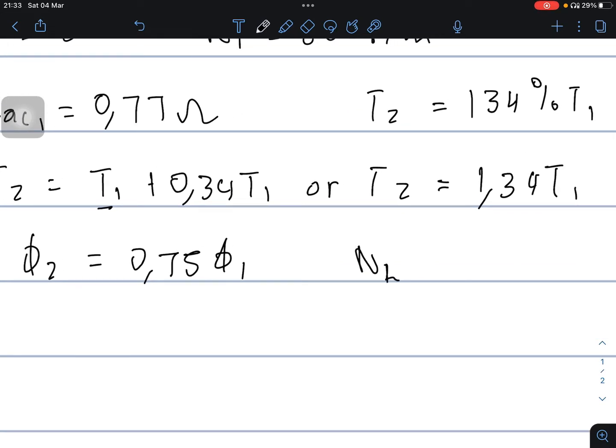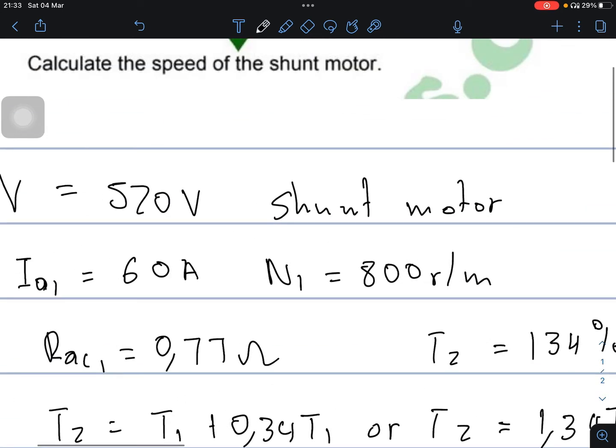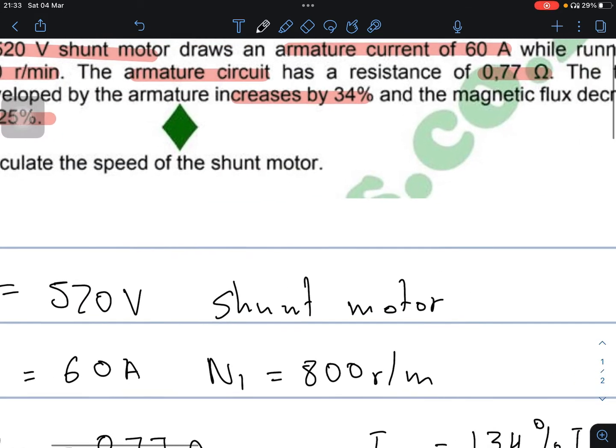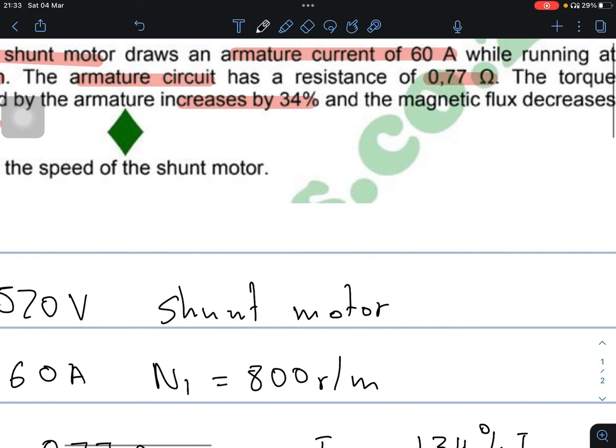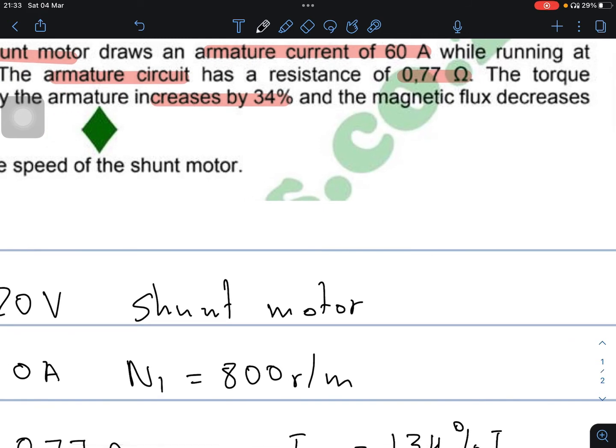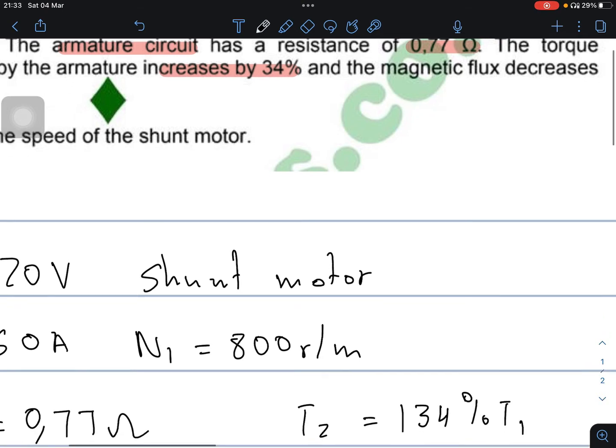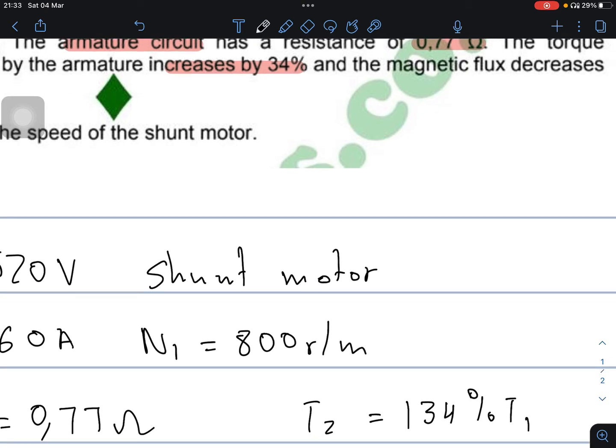Remember, in the second condition, they didn't tell us anything about adding a resistance to the circuit, either to increase or reduce the speed, as I've shown in the N6 Electrotechnics video. They didn't add anything.